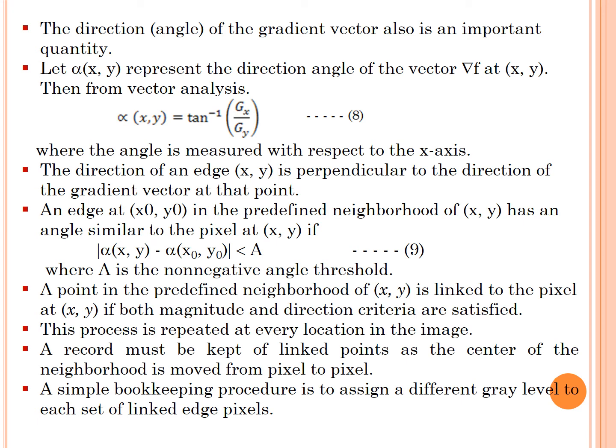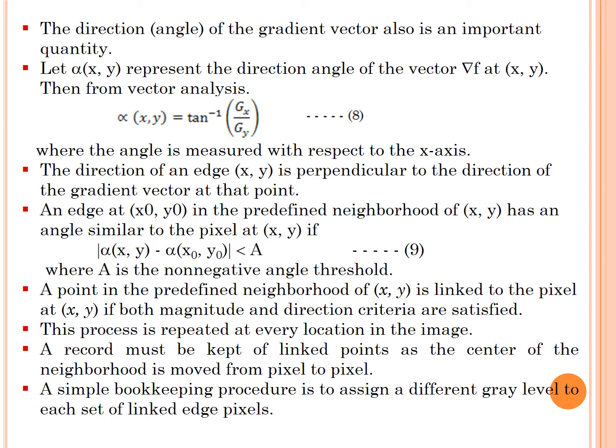A point in the predefined neighborhood of (x,y) is linked to the pixel at (x,y) if both magnitude and direction criteria are satisfied. This process is repeated at every location in the image. A record must be kept of linked points as the center of the neighborhood is moved from pixel to pixel.